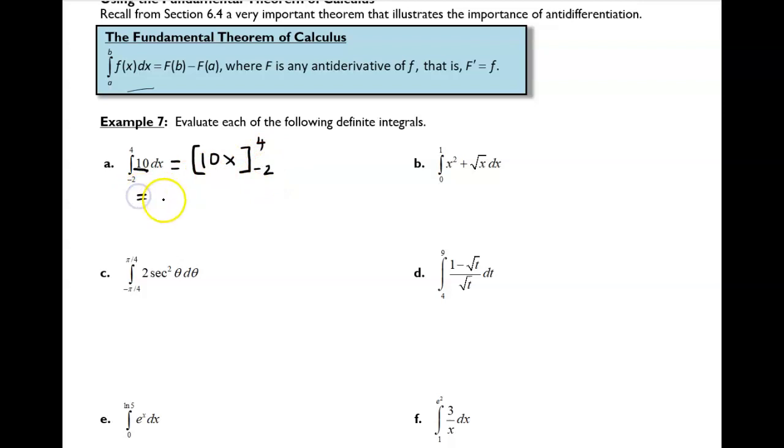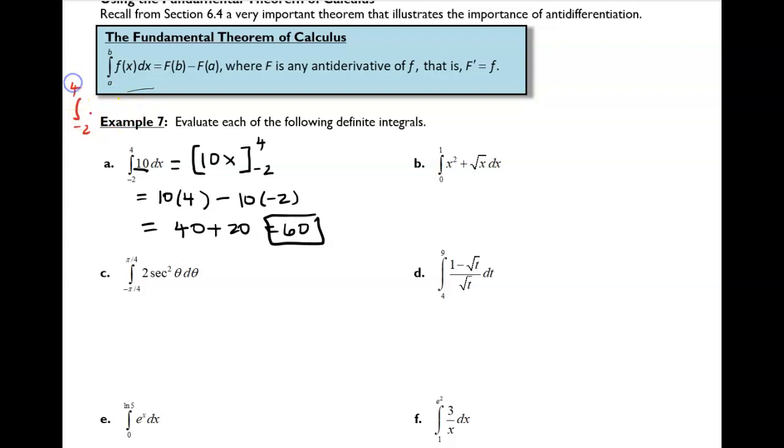So then I do top minus bottom. So 10 times 4 minus 10 times negative 2. So that gives me 40 plus 20, which is 60. Now we have already actually talked about how to integrate this function when we had a rule about when we integrate a constant function, and we said it was that constant times the number at the top minus the number at the bottom, because this would have the area of a rectangle.